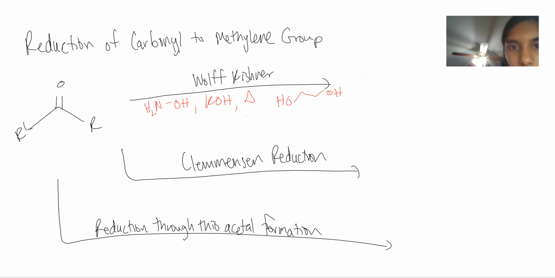Diethylene glycol, he said. Okay, and then Clemmensen is Zn(Hg) and HCl and heat. This is concentrated HCl.